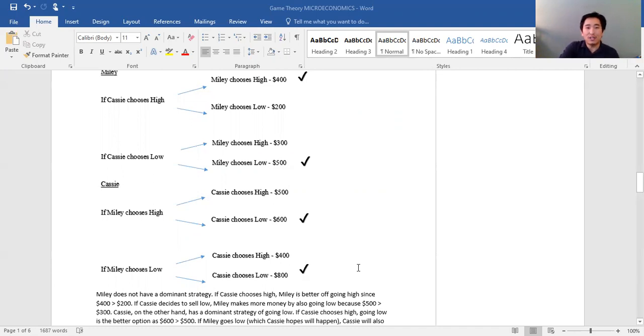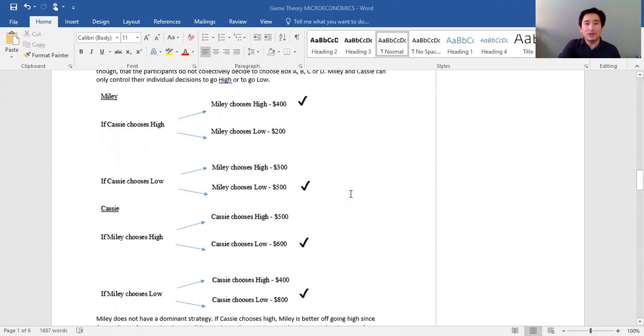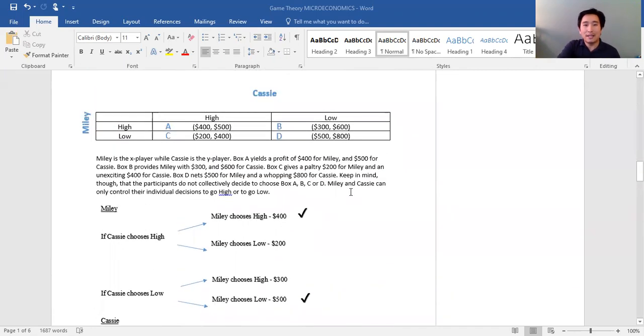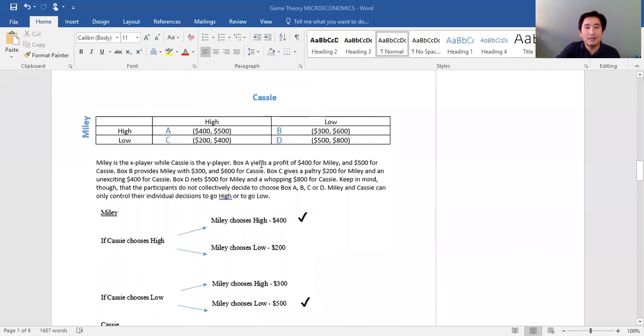So you have a situation here where Cassie has a dominant strategy, but Miley doesn't, right? So let's go ahead and take a look at this scenario here and see how that plays out. Okay, so again, we know that Cassie does have a dominant strategy of choosing low. So no matter what, she's going to choose low right here, right?